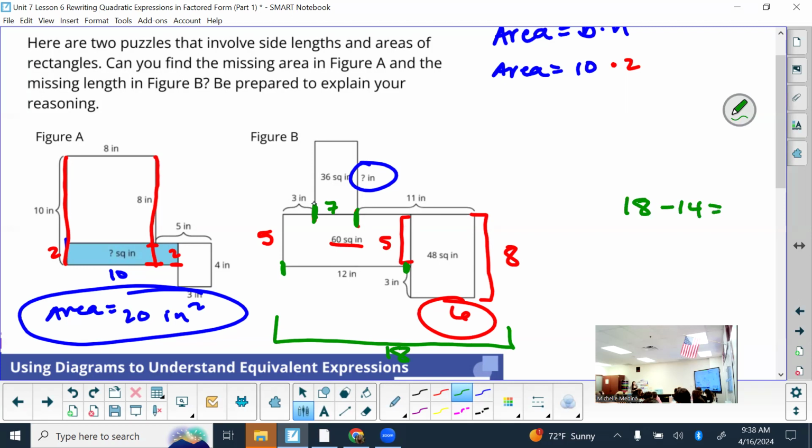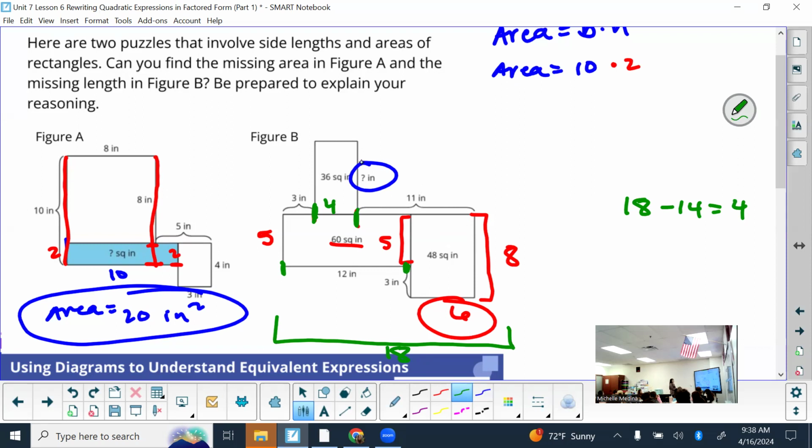This missing side length should be 4. Everyone see that maybe? So this entire side is a total of 18 because 12 plus 6. If I subtract from 18, 11 and 3, 14, I get 4 for this side length.